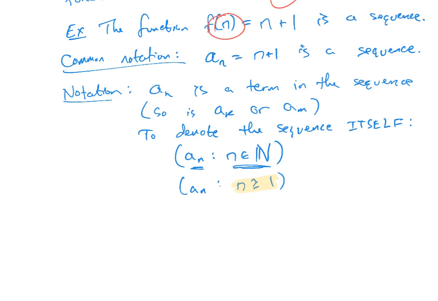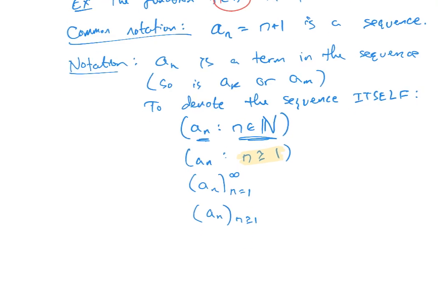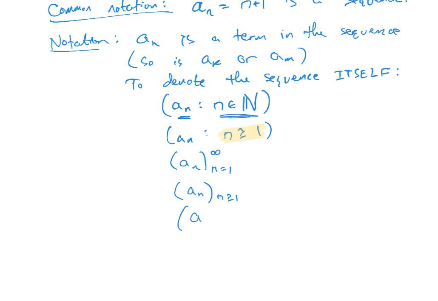Another bit of notation would be a sub n from n equals 1 to infinity, or a sub n, n greater than or equal to 1, or just parentheses a sub n.